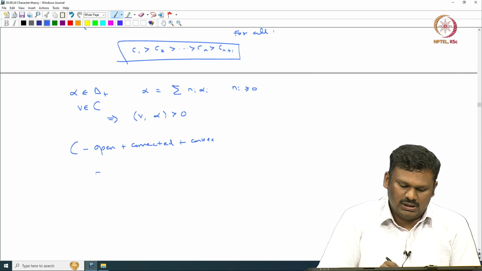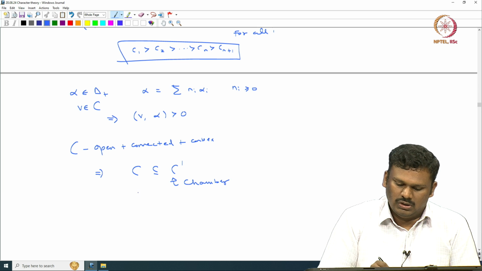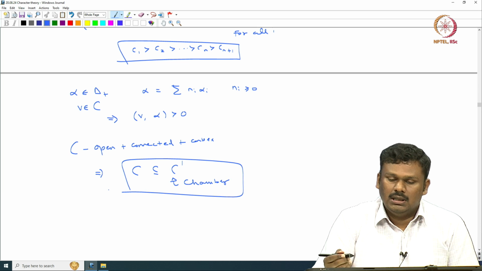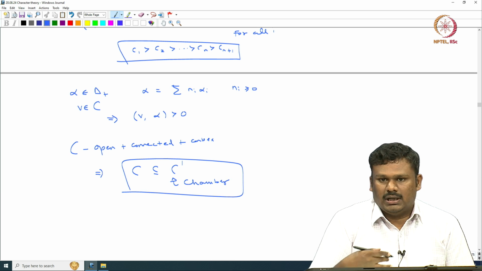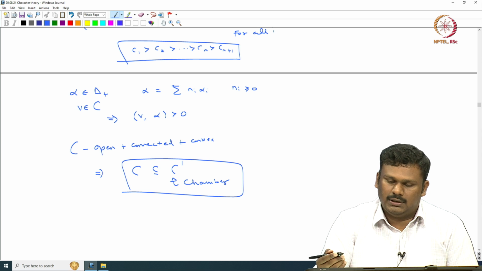Now, using this you can see that C must lie inside some chamber. This is for sure, because C is connected, so it has to lie inside some connected component.